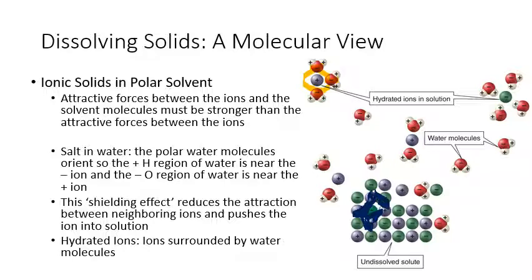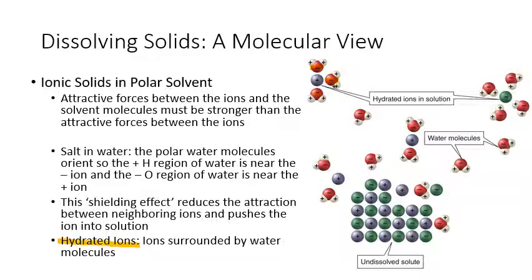But what happens is when it gets dissolved in solution, it's now surrounded by all the positive components of the water. So the positive component of the ionic solute is surrounded by negative solvent molecules, and the negative component of the ionic solute is surrounded by positive solvent molecules. And that means that everything's interacting the same way, and it goes into solution. These are sometimes called hydrated ions.